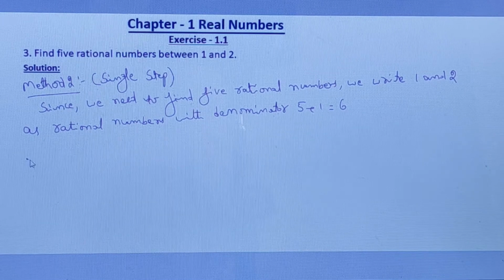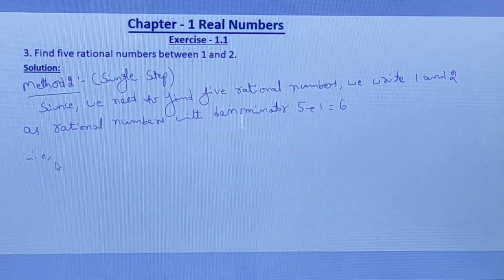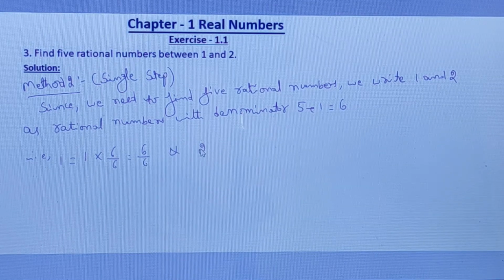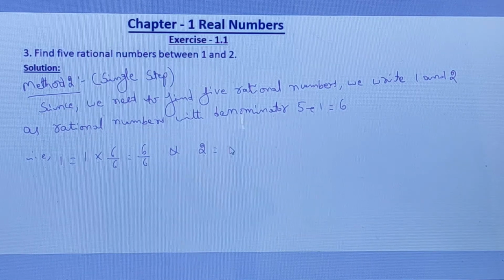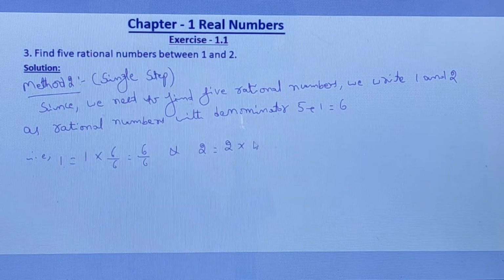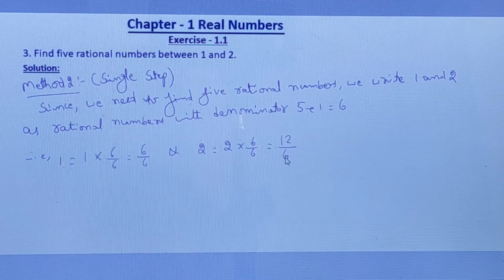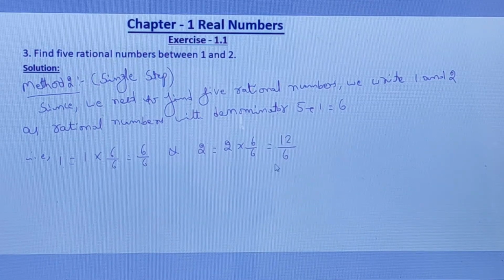That is, 1 is written as 1 into 6 by 6, that is 6 by 6, and 2 is written as, the denominator should be 6, so you have to multiply and divide with 6, so 12 by 6. Now since the denominators are same, we compare the numerators.